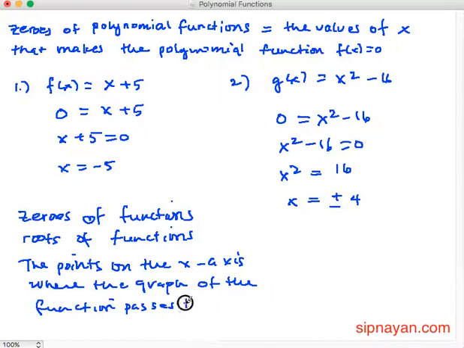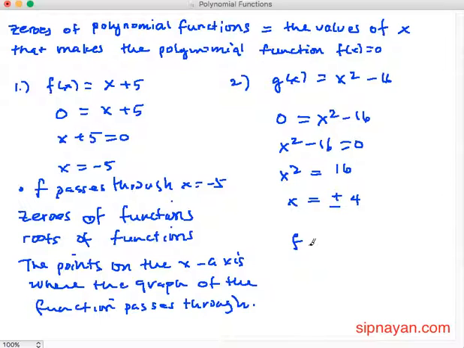So dito ibig sabihin sa f of x equals x plus 5, f passes through x equals negative 5. Dito, oh sorry, not f but g, kasi g yung pangalan ng function natin. Here g passes through x equals 4 tsaka negative 4. And I think this is obvious.